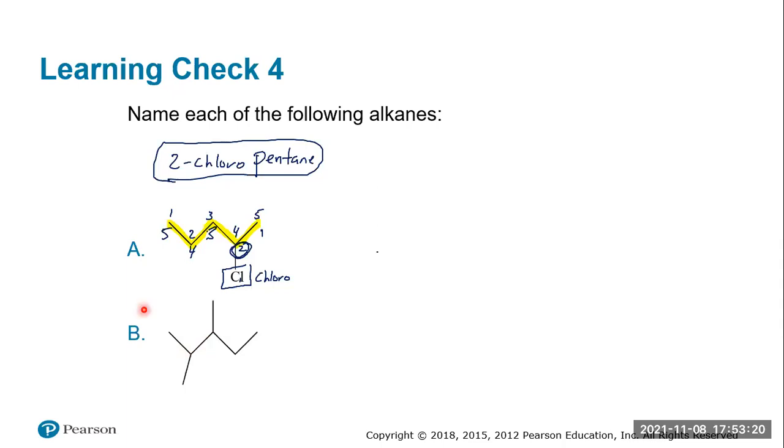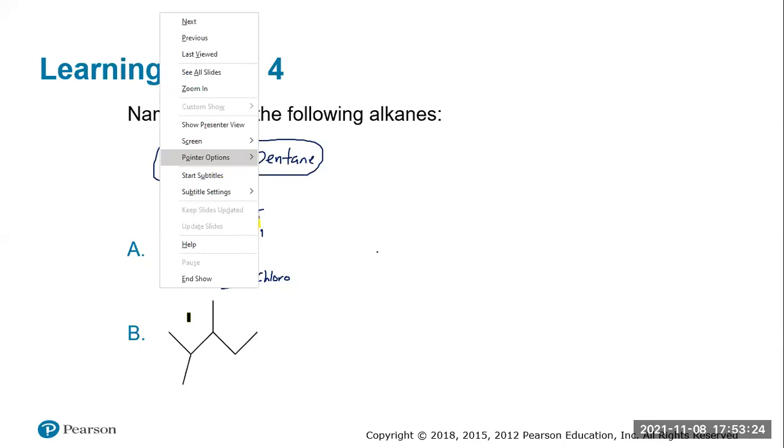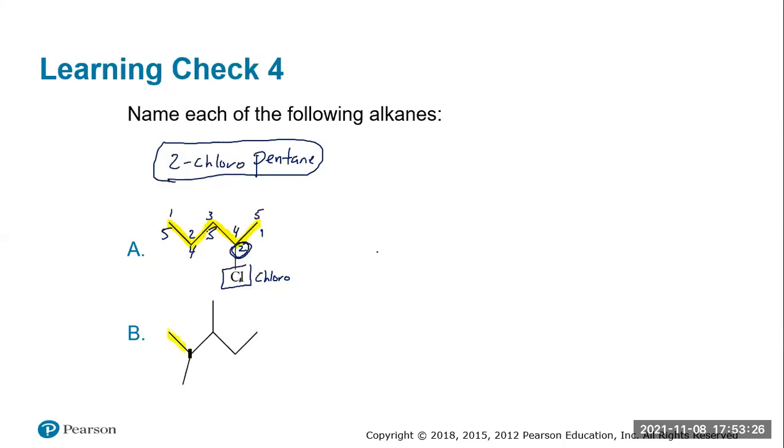So 5 really is our longest. If you have the option, just take the straightest. So that is 1, 2, 3, 4, and 5. Again, this is going to give us pentane here as our base.